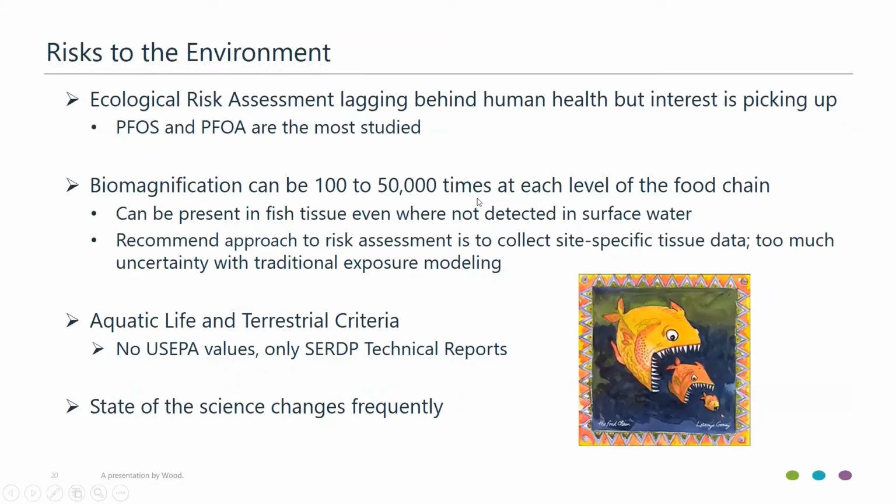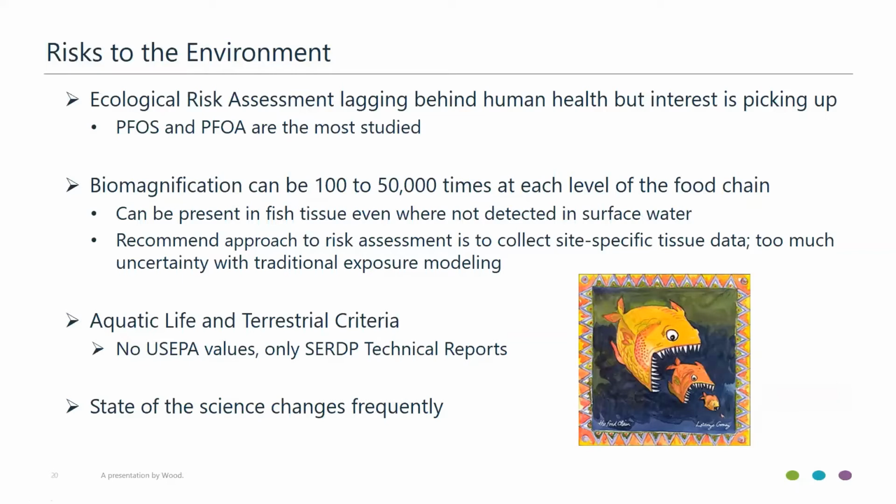And so this brings us to risk to the environment. Ecological risk assessment is a little bit behind where the human health risk assessment is, but the research is ongoing and continuing. And as with human health, PFOS and PFOA are typically the chemicals where there's more information. Bioaccumulation and biomagnification are certainly relevant issues.